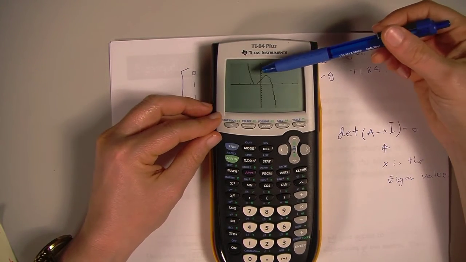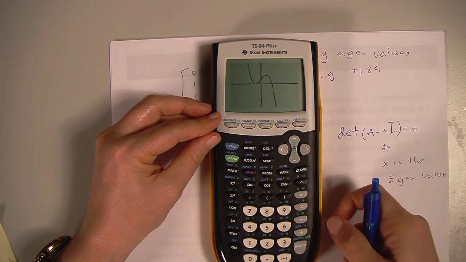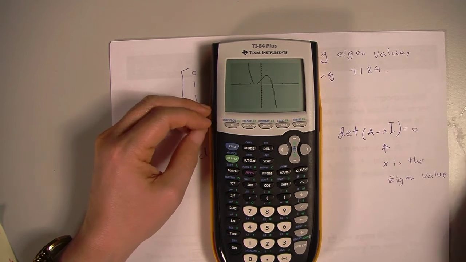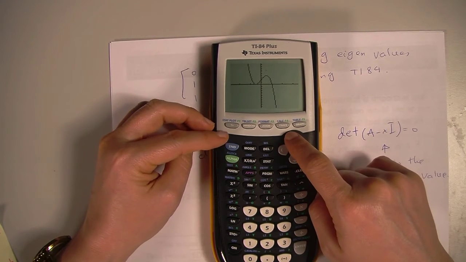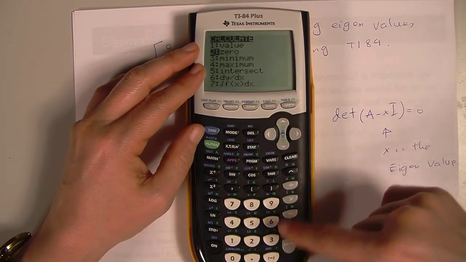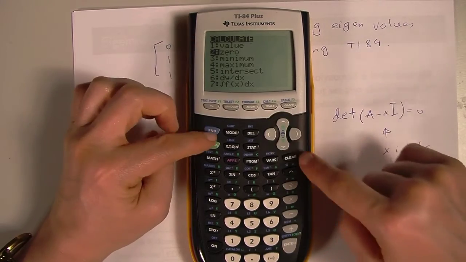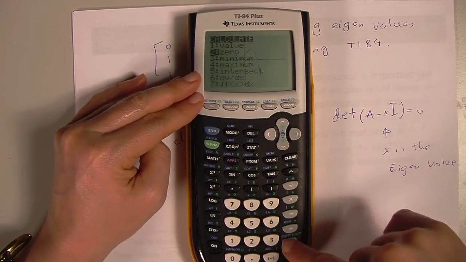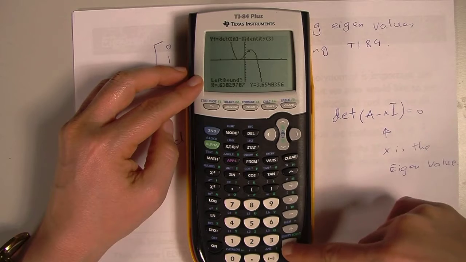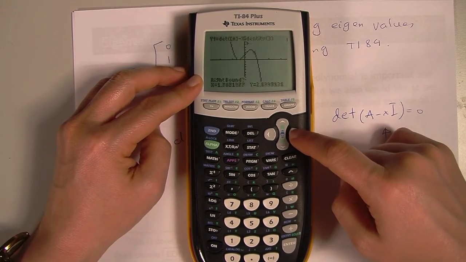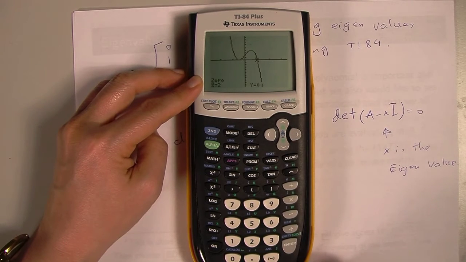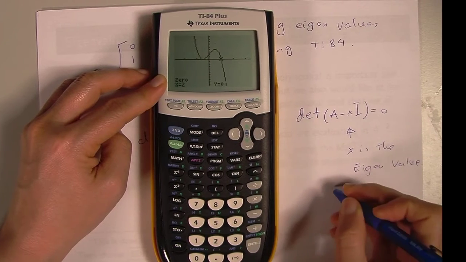And then you find there are two values that make the function equal to 0. I can use the calculate button up there, using second and trace, and find the zeros. One of them: left bound here, right bound there, enter, and it gives me x equals 2.